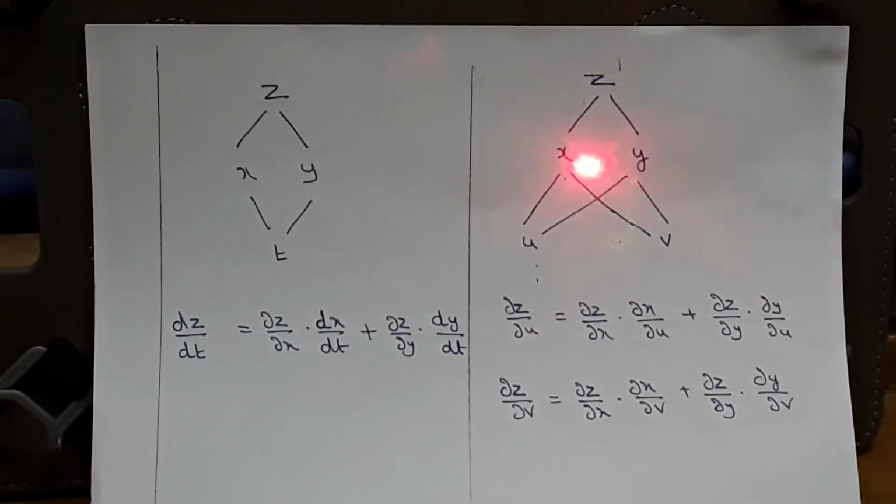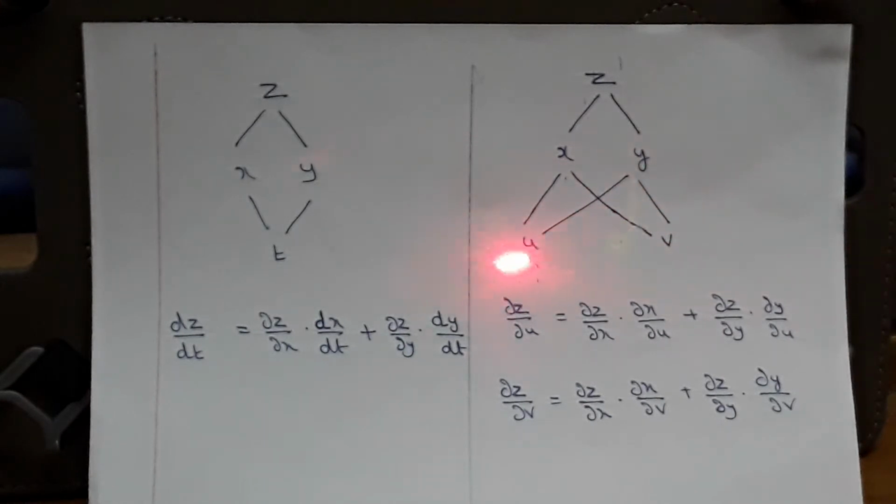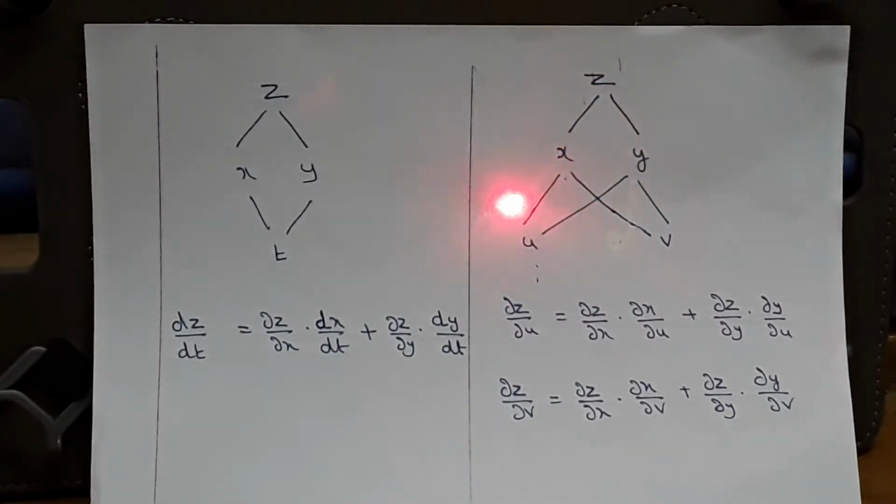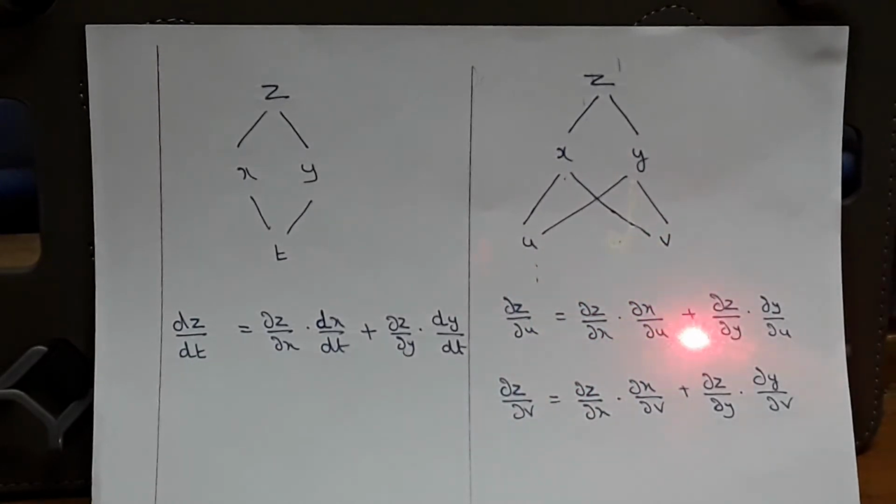Why? Because now x is also a function of two variables u and v, so we have to apply partial derivative only. So ∂z/∂x into ∂x/∂u plus ∂z/∂y into ∂y/∂u.